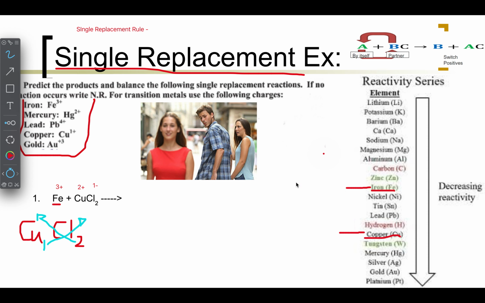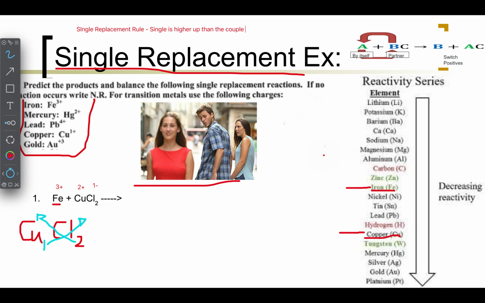The couple saw a hotter girl, like this classic meme, and then they swapped it out. But it will only work if the single is higher up than the couple. The new girlfriend is hotter than the old girlfriend. So that's a little side rule that you have to remember: single is higher up than the couple.